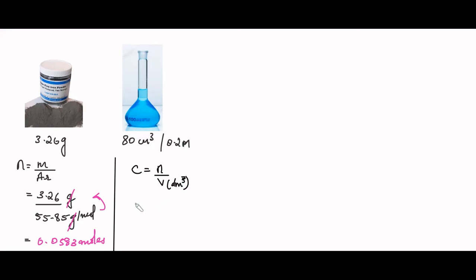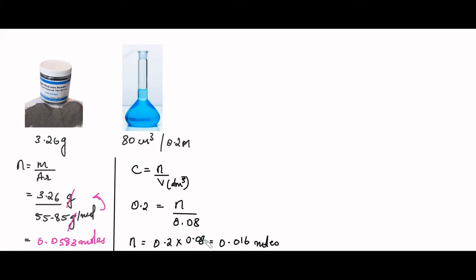The concentration given here is 0.2, which equals number of moles, which we don't know, and that is what we aim to calculate, over 80 cm³, which is 0.08 dm³. Cross multiplying, 0.2 times 0.08 gives 0.016 moles. So we've got the moles of iron and the moles of copper sulfate.